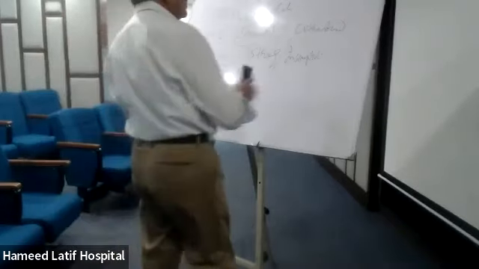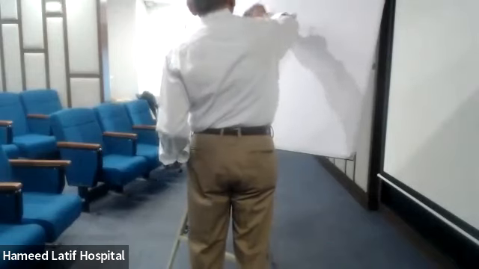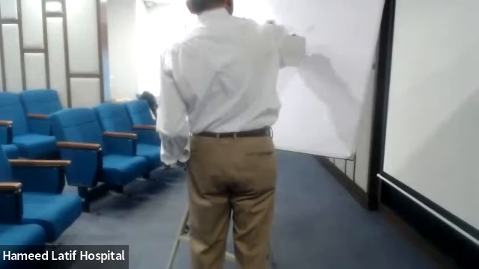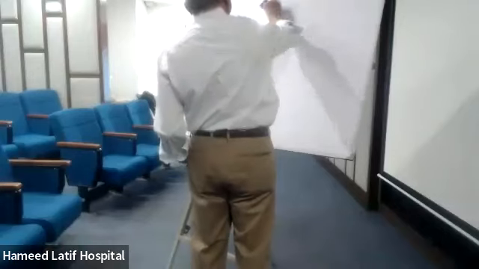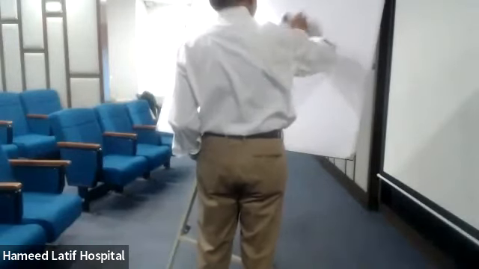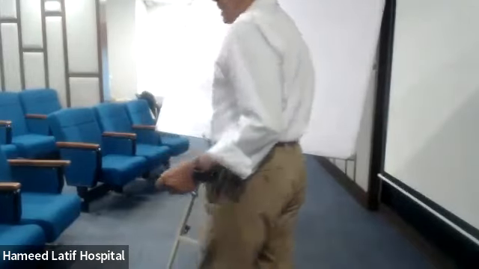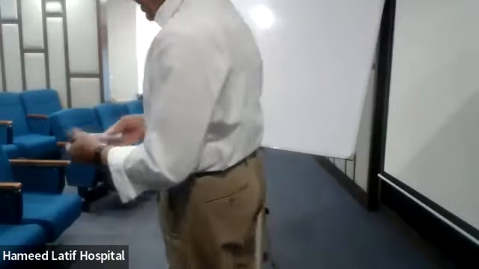Now, what are the causes of breech delivery? For that, you need to understand a little bit about the configuration of the uterus or uterine cavity and how the fetus accommodates or adapts itself to the space available in the uterine cavity.